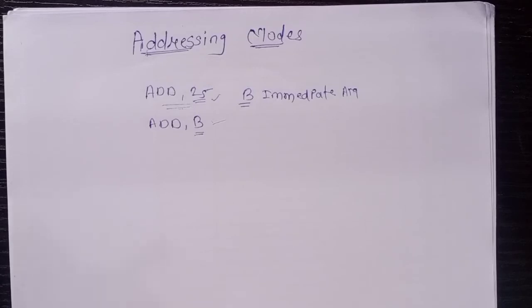Or you can even make it more interesting. You may give that address using a register, telling the processor to first go to that register. From there you will get a number. That number will be an address. Go to that address and get the operand.